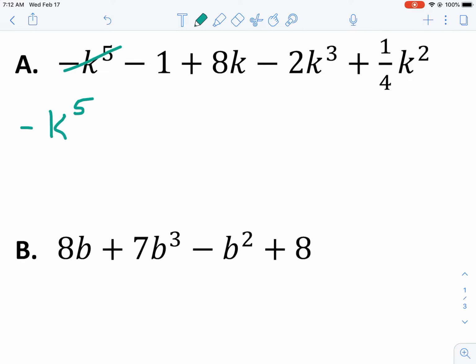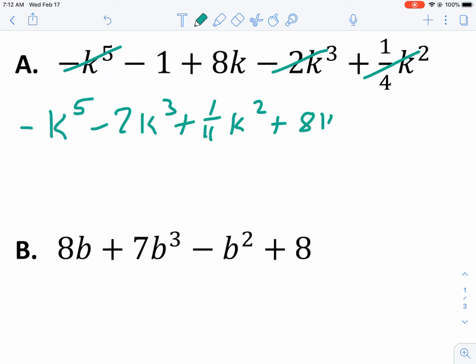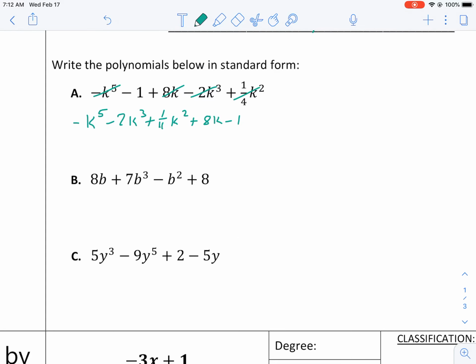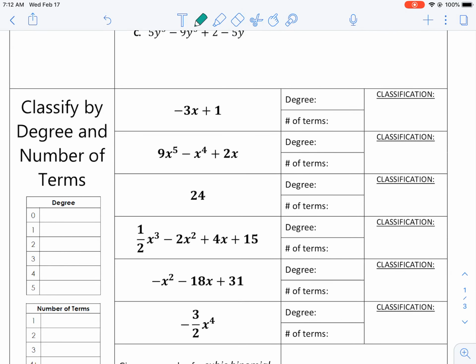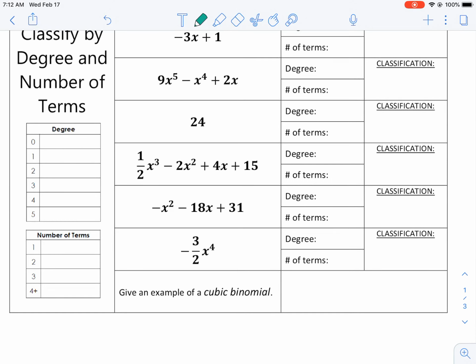What's the next highest exponent? 3, then 2, and then you get down to no exponent, which is like an exponent of 1, and then you get down to no variable, which is just the number, so -1. So this is what it would look like in standard form. You can pause this video and do B and C. Then we're going to talk about classifying them, basically naming them.